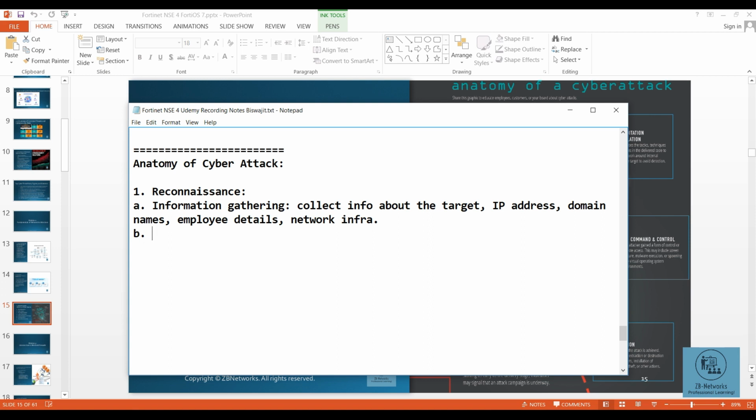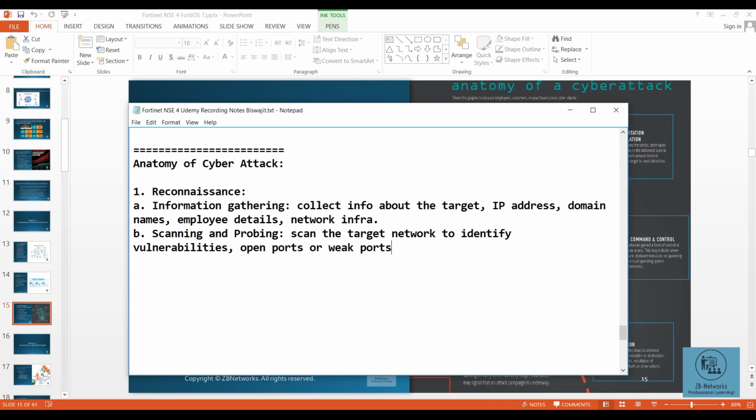The next step is called scanning and probing. The attackers actively scan the target's network to identify vulnerabilities, open ports or weak ports, or maybe weak passwords.